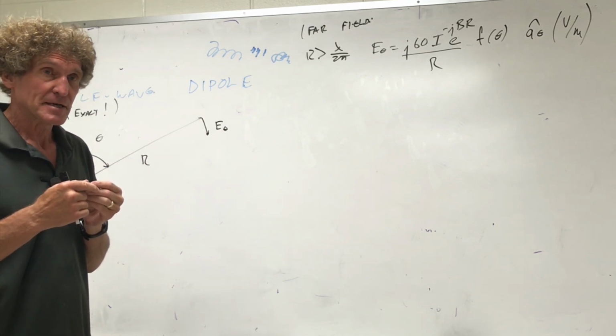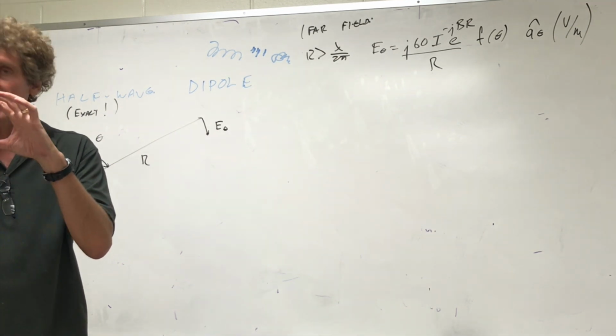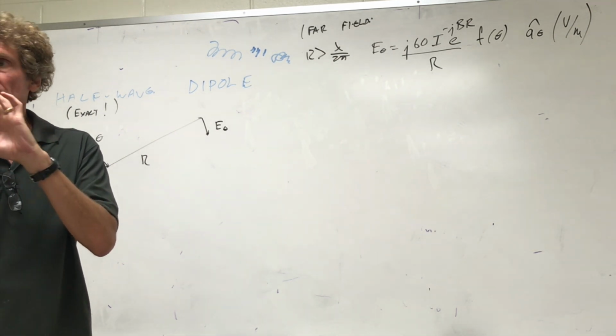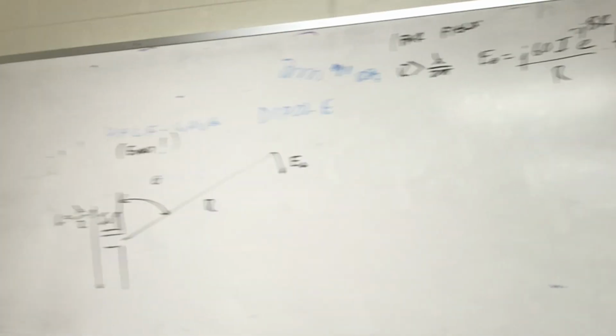For an aperture antenna, it's the opposite. An aperture would be something like a horn antenna that has an area, you might say, where the radiation occurs out of. This is for a straight wire antenna.